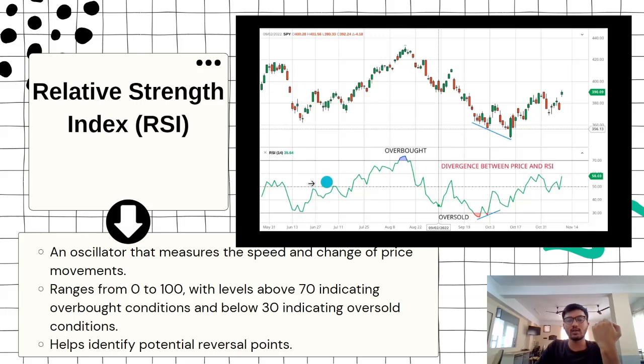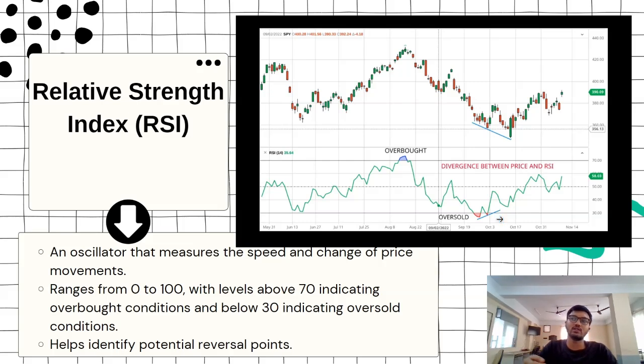So what I'm trying to tell, if a particular stock or index is in an overbought position, that means the number of buyers have overbought this particular asset. So what happens when something is overbought? It gets sold easily, right? And the same happens when something is oversold.